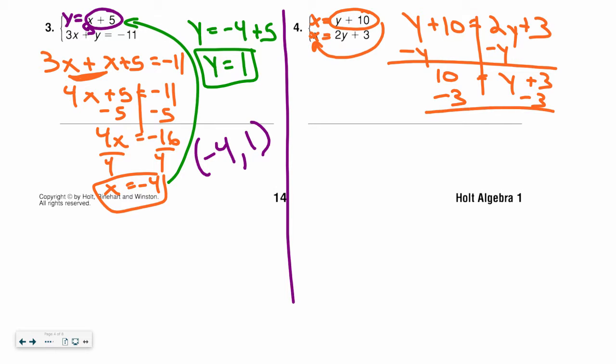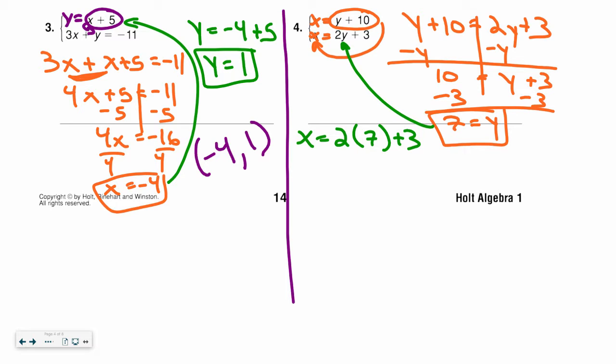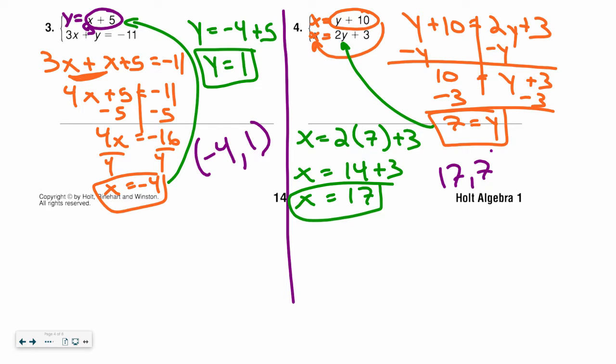I get rid of that 3. So y equals 7. I then take that and I can plug it in right there. So I get x equals 2 times 7 plus 3, so x equals 14 plus 3. x equals 17. So my final solution is 17, 7.